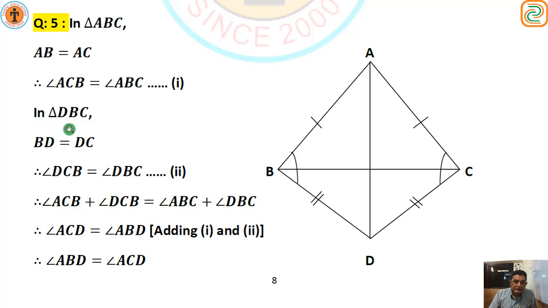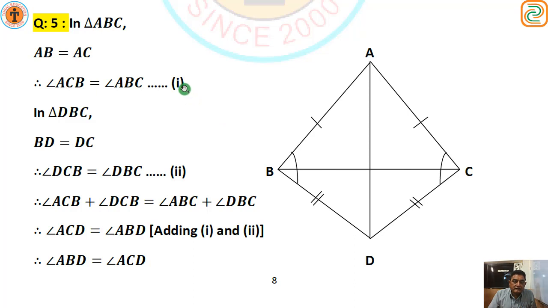In triangle DBC, a similar thing happens. BD equals DC, given, right? DC and BD are equal. If they are equal, then DCB, this angle, and DBC, this angle, are equal.